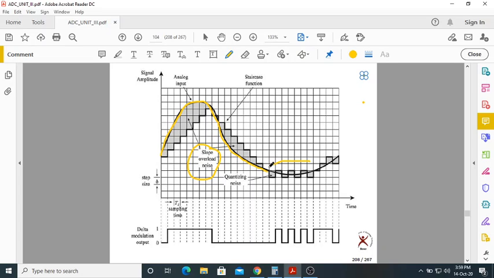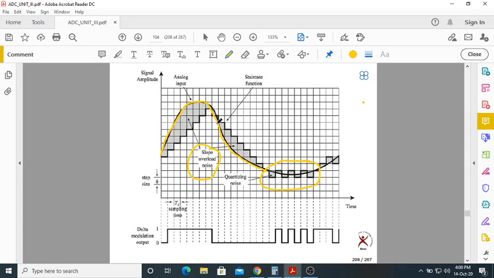When do you get granular noise? The reverse. Whenever the slope of the staircase is more than the slope of the given analog signal. I am talking about the local slope. Here, at this region, the slope of the given analog signal is more compared to the slope of the staircase.